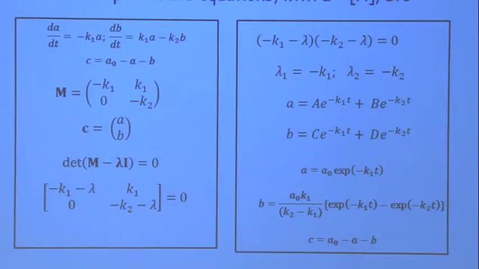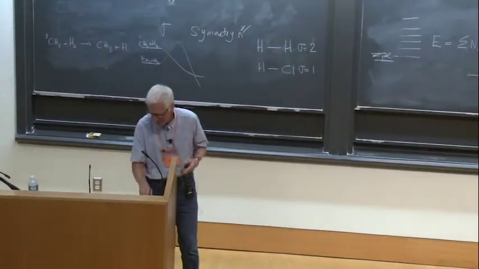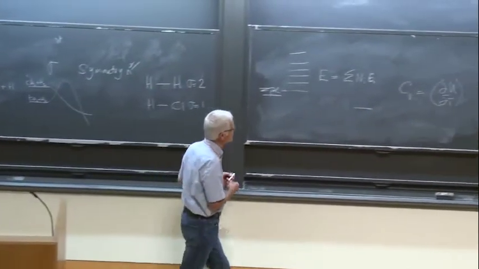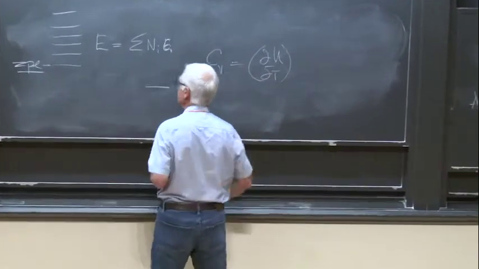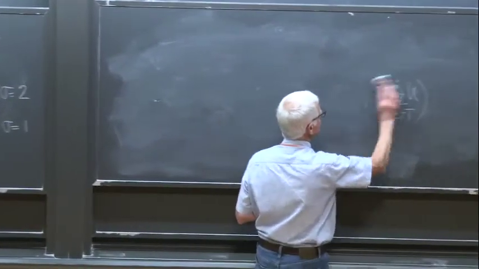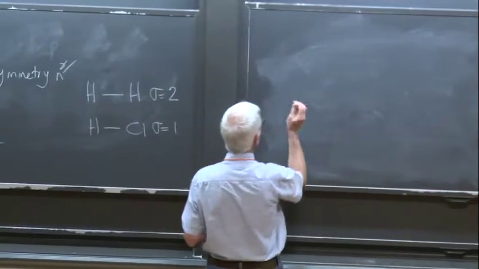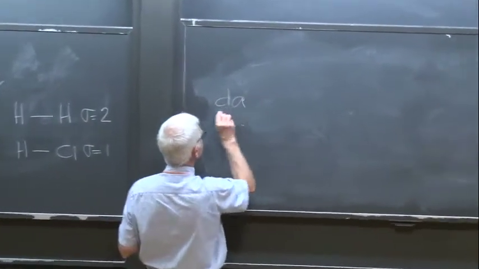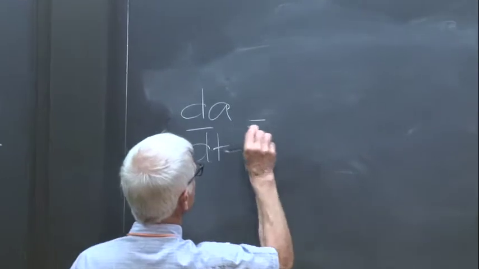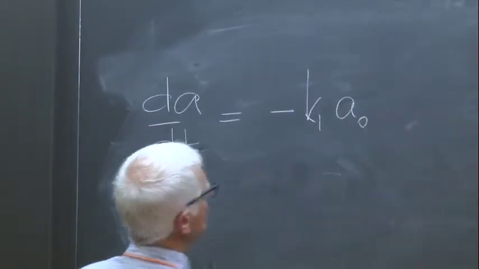Now, what you could do is go and look at the eigenvectors to get the full solution, but for a simple system like this, it's much easier just to look at the initial conditions. Let's go through that quickly. In particular, we've got that da/dt is going to be equal to minus k1 times a naught.